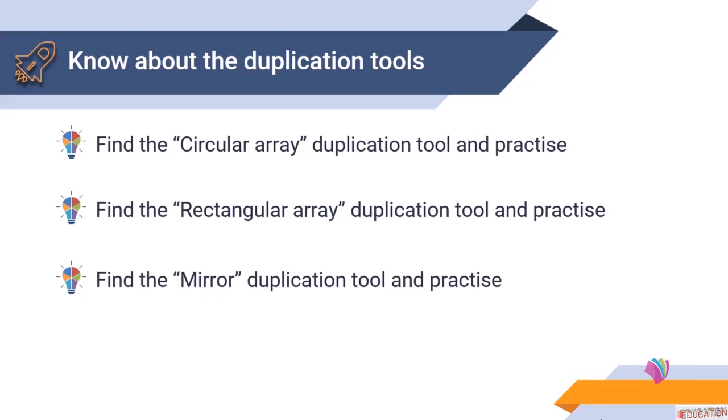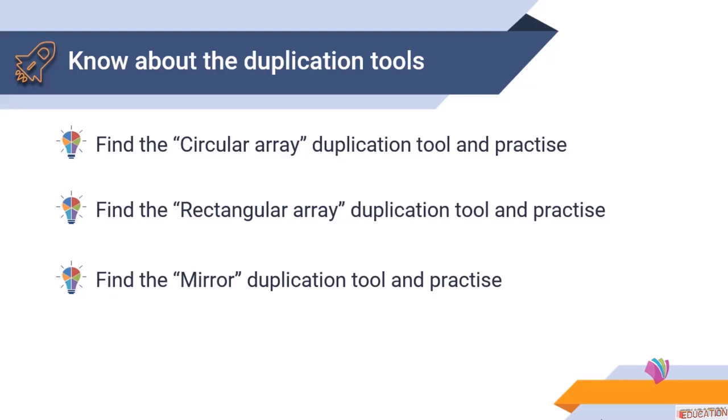Mirror may be called as a symmetry. So it depends upon the software. For different software, different type of name may be used, but the function is same. So we are not going to remember the name of the tool, but we are going to remember how the tool actually works. So that is the technique that we are going to see in this lecture.